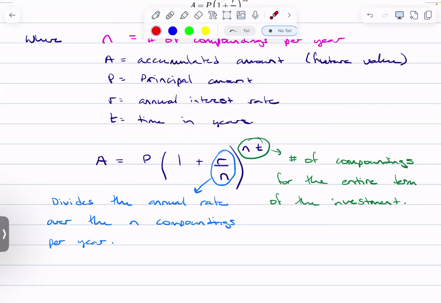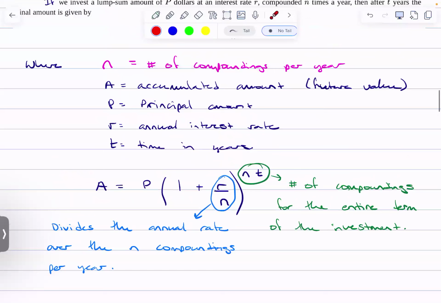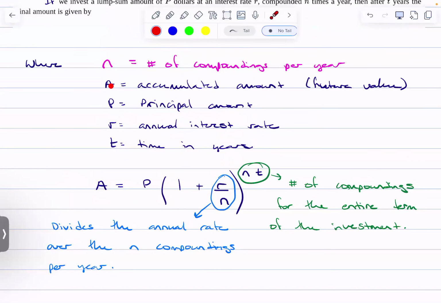And now, just like before, there are only so many components, right? We have how many components? N, A, P, R, T. I guess I didn't actually count them. We have 5 components, right? And so as long as I have 4 out of those 5 things, then I can solve for the 5th.